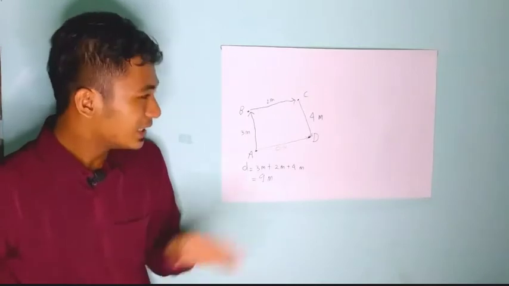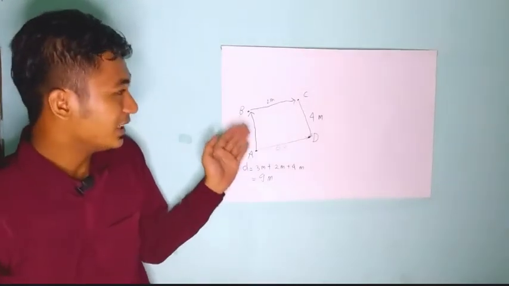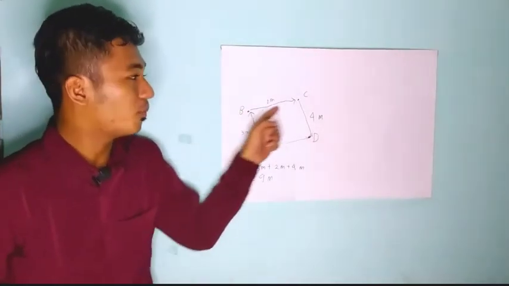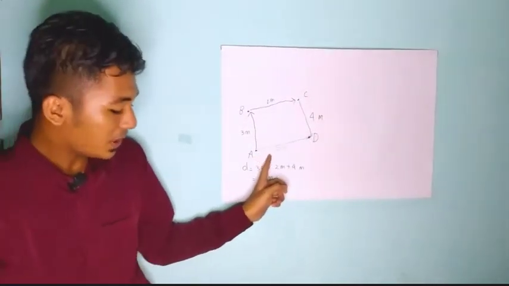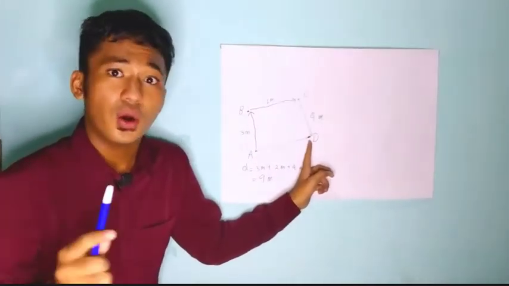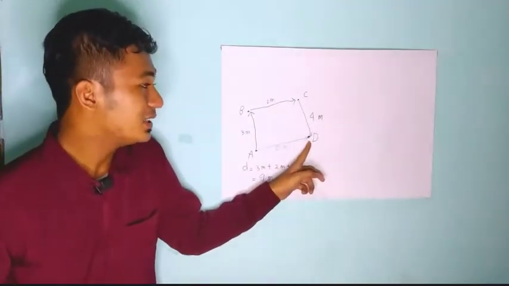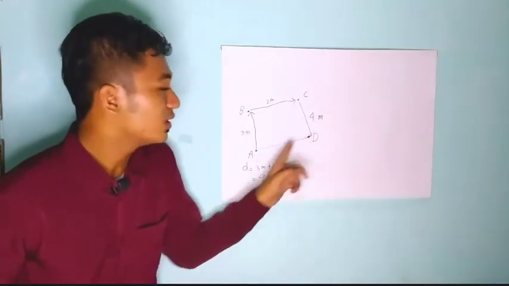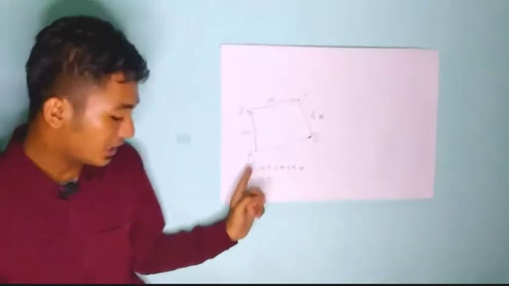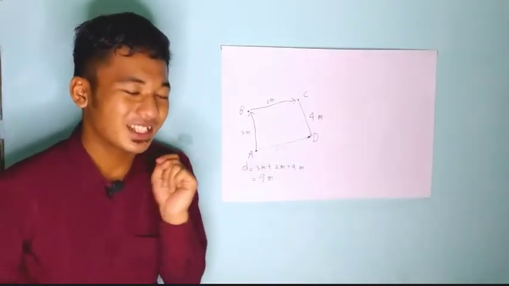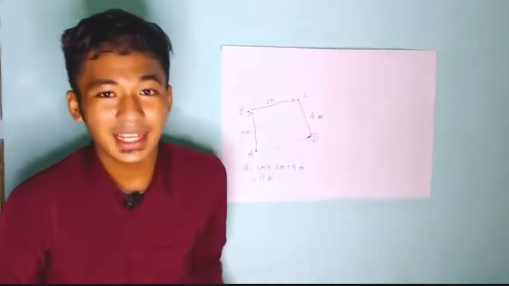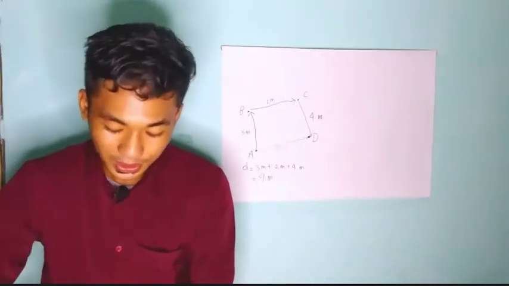So the distance is length of path, and the displacement is specific direction, or you can say the displacement is vector and the distance is scalar. You can say that.